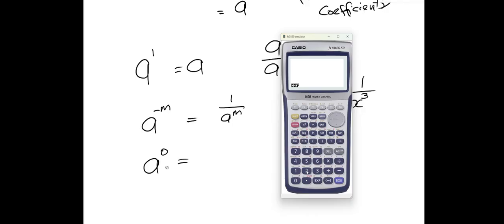Let's take some crazy number. .245 to the power of 0 equals 1.